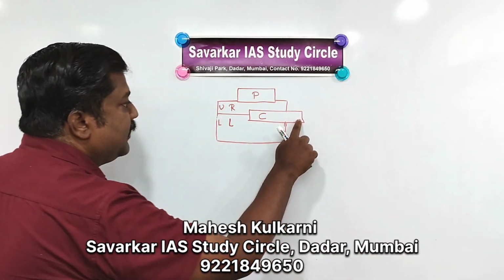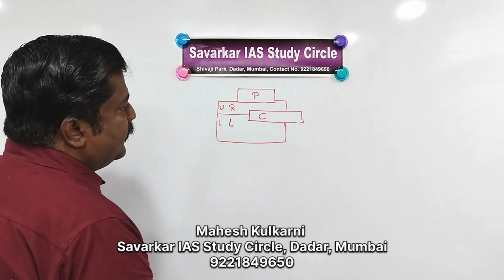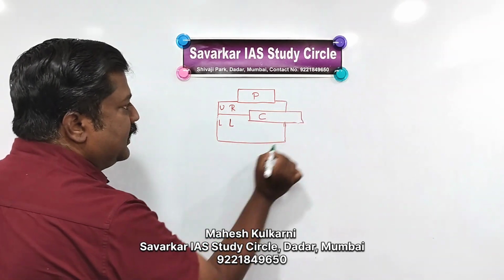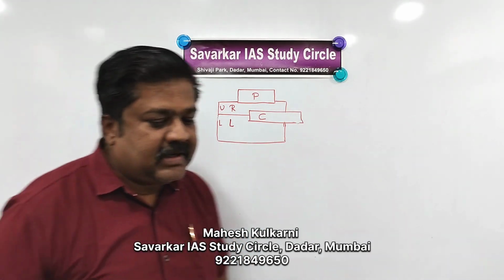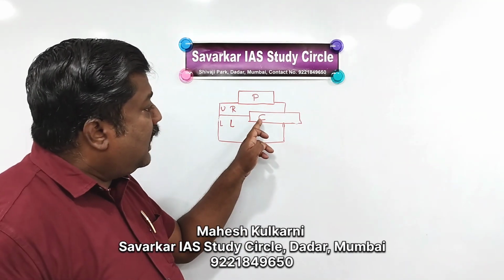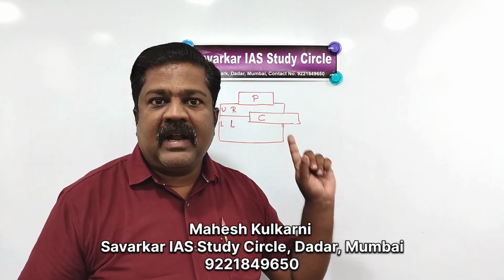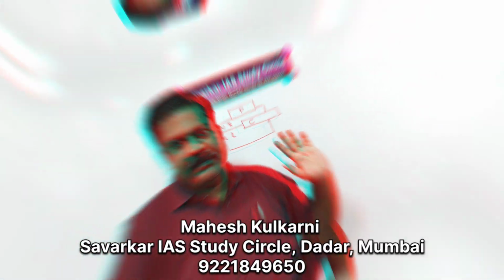That's why we are keeping this aside. This way we are showing the central government structure. Now we are aware of the capacities of Lok Sabha and Rajya Sabha, and actually the Council of Ministers has all powers, and those powers are executed through the President.